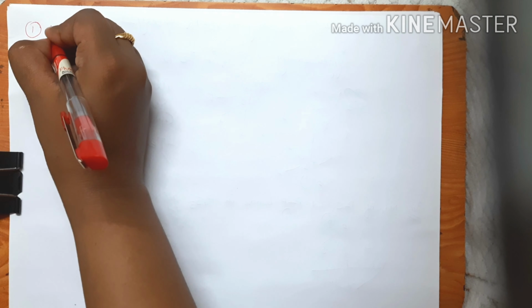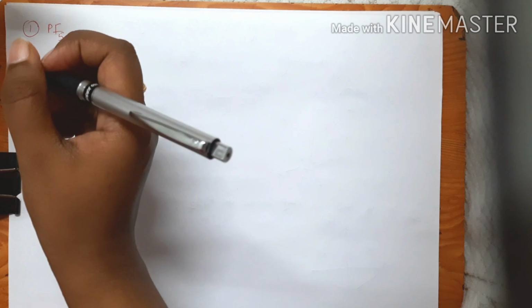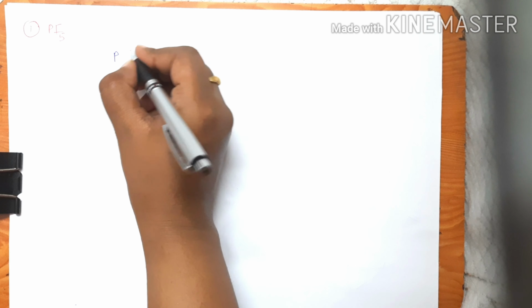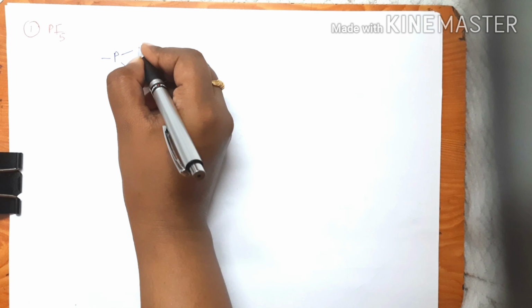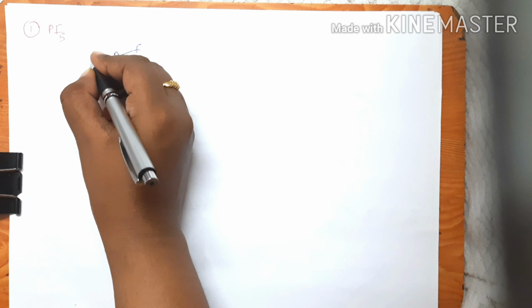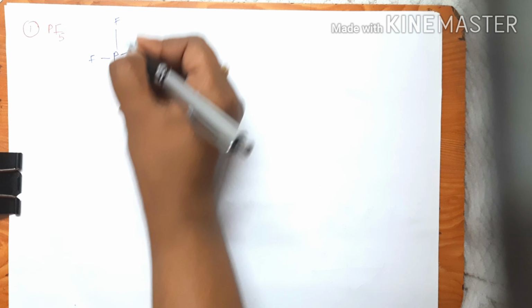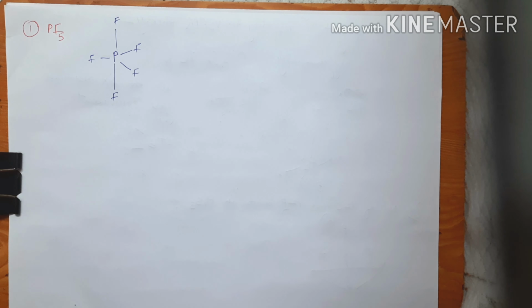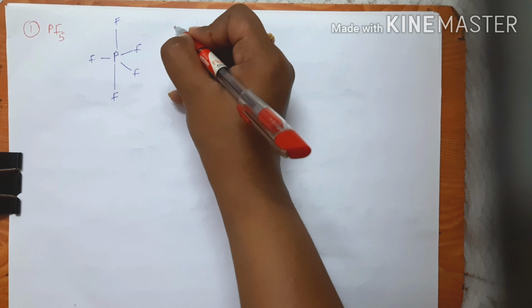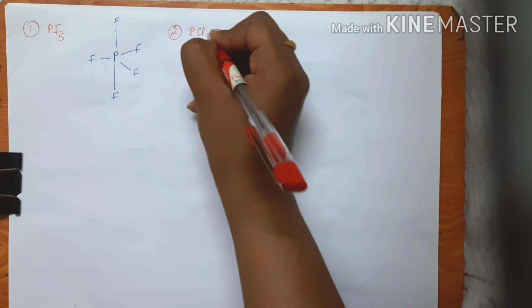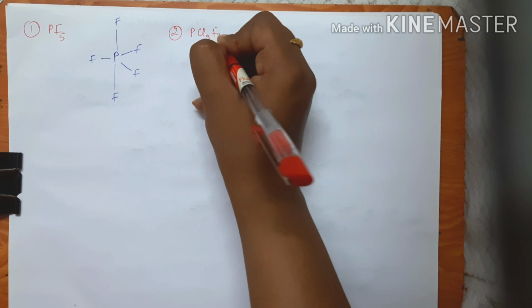The first molecule for which we are going to describe the shape is PF5, that we all know. For PF5 we have phosphorus like this, 3 fluorines present in a plane in a triangular shape, 1 fluorine above and 1 below. Second is PCl2F3.